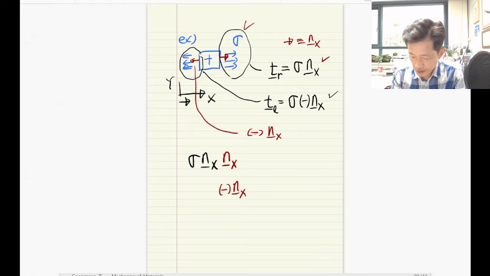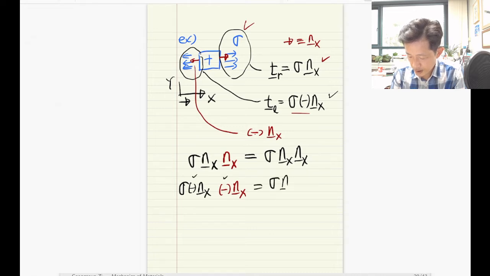Now, if you read the stress state, then I get this traction, sigma, and then minus nx. So if you simplify this, I have sigma nx and nx. And how about this? Because I have minus and minus, sigma nx and x. This is what happened.